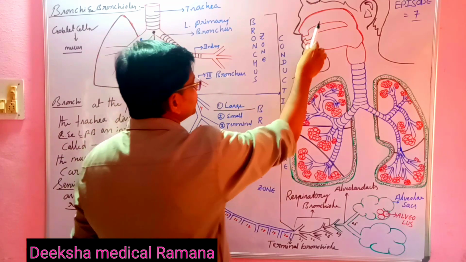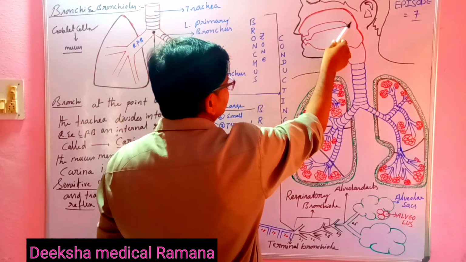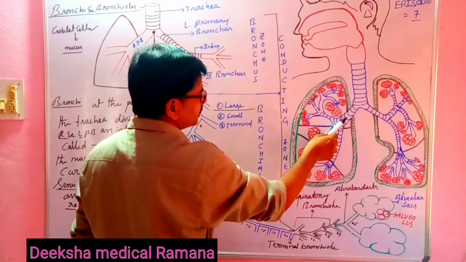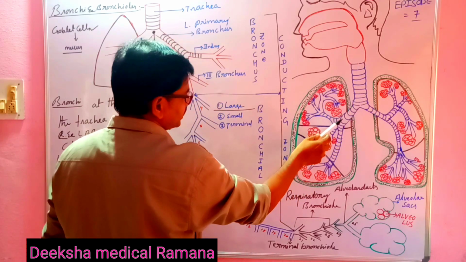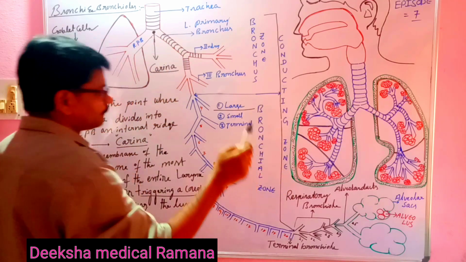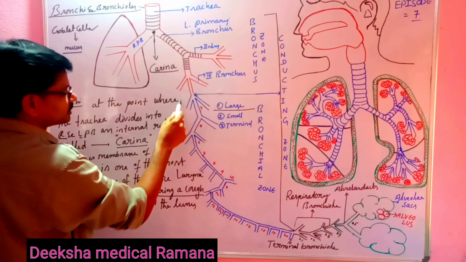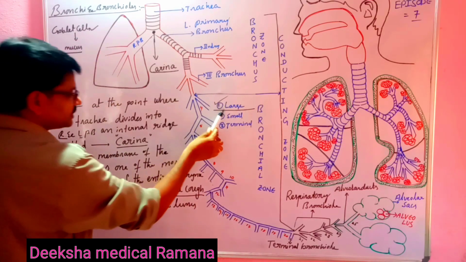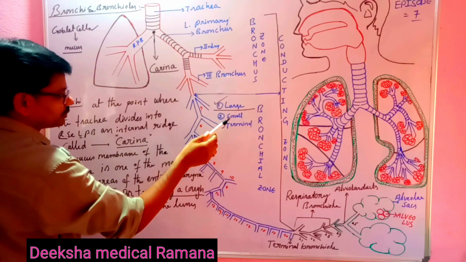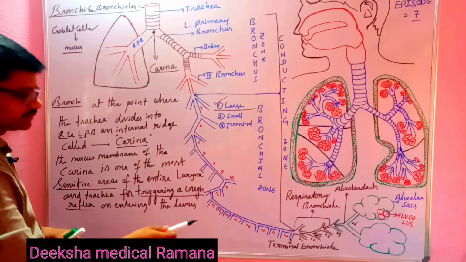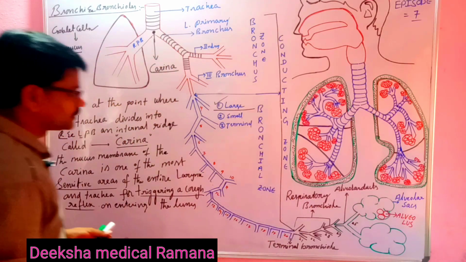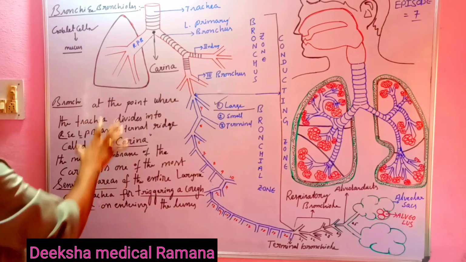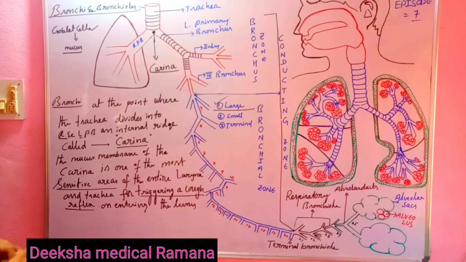That means they are present in the nasal cavity, pharynx, larynx, lining of the trachea, primary bronchi, secondary bronchi, tertiary bronchi, and large bronchioles. These goblet cells are absent in smaller bronchioles and terminal bronchioles. The remainder is made up of simple squamous epithelium. I hope you understand, and we conclude regarding the bronchi and bronchial tree.